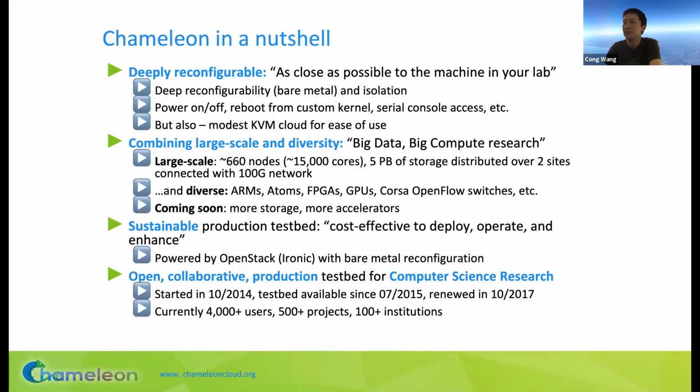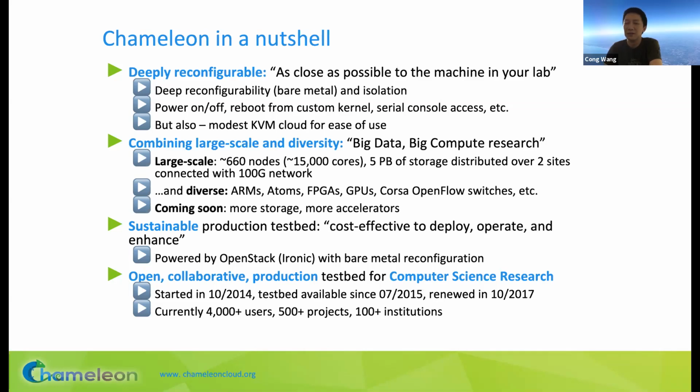Also coming soon, Chameleon has been constantly upgrading with more storage and more accelerators. Chameleon is also a sustainable production testbed. That means it's cost effective to deploy, operate, and enhance the testbed.